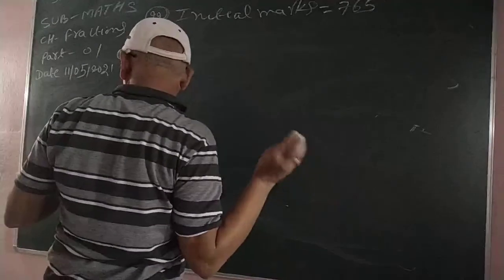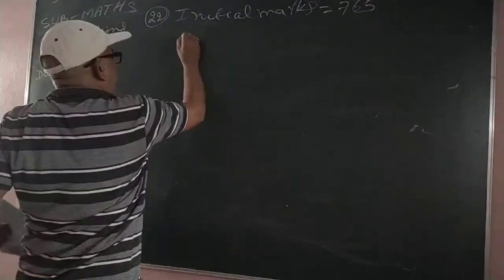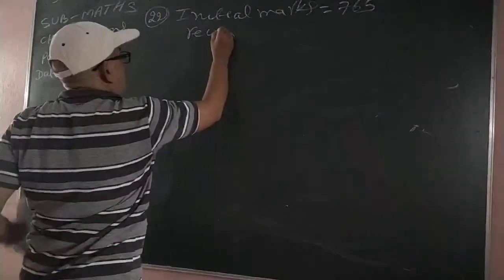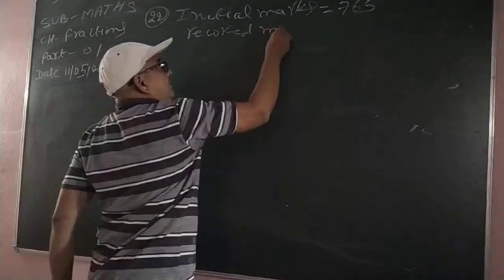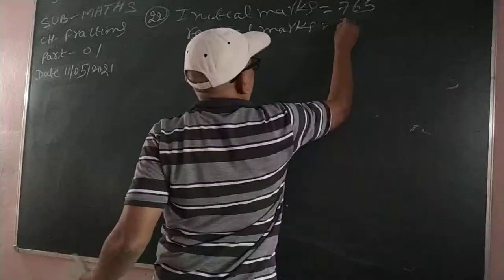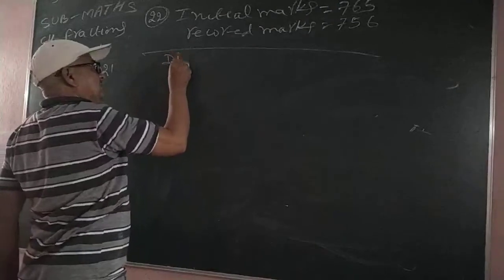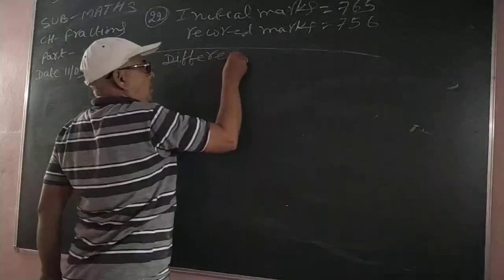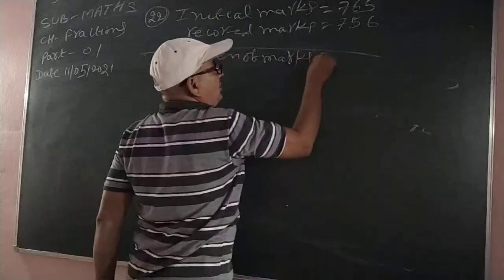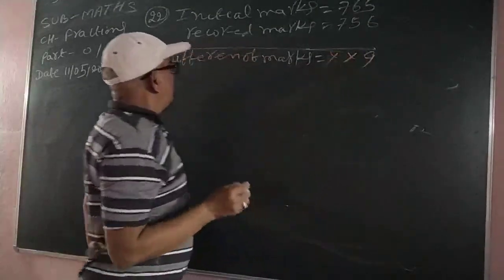And the recorded marks are equal to 756. Difference of marks is equal to 15 minus 6, which is 9.